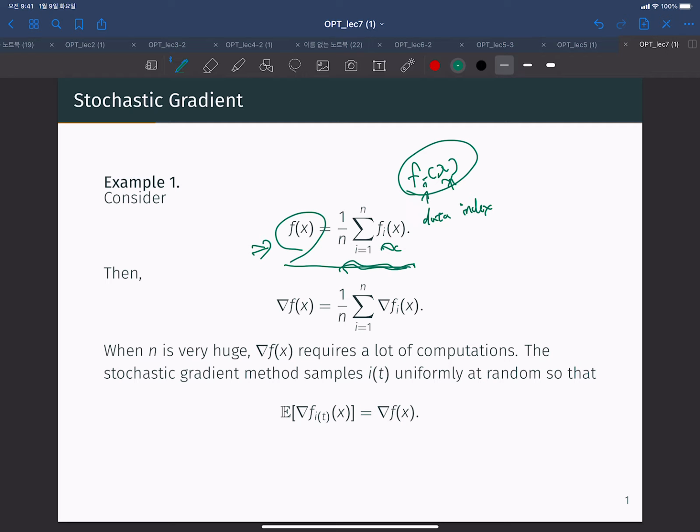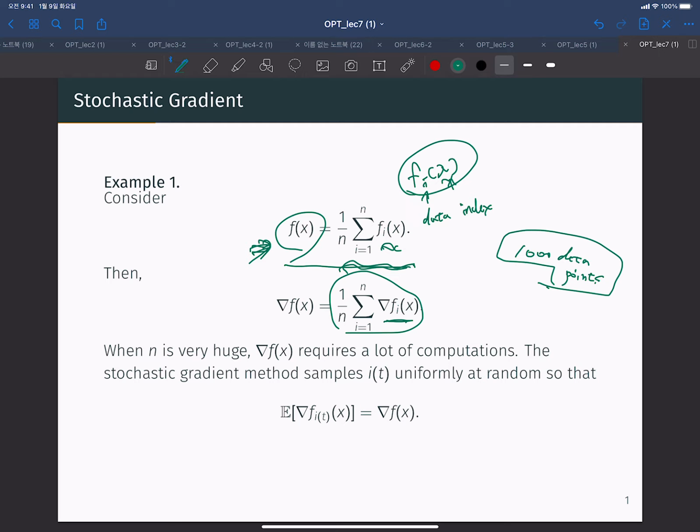But when you compute the gradient for this true objective function, we have to compute the gradient of each data point and then average the gradient vectors over the whole data set. When there are a few data points, like 1,000 data points, that is fine. We can compute the 1,000 gradient vectors and then average them.